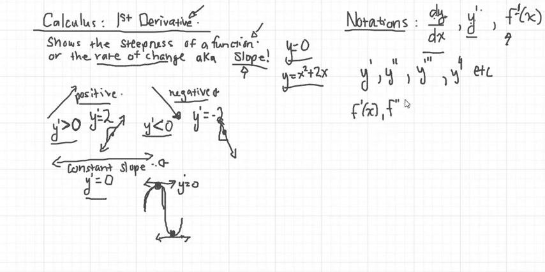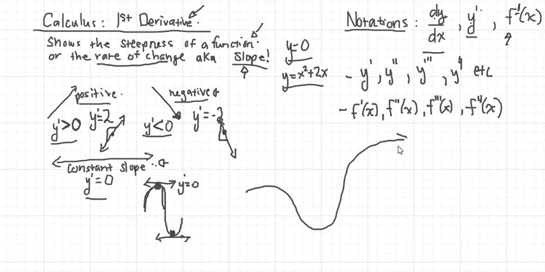Just to give you a quick example, you'd have your first derivative of y, or your second, your third, your fourth, etc. If you're doing it in terms of f of x, you would do f1 of x, f2 of x, f3 of x, f4 of x, etc. So they're just notations, just to give you a little information about that. We'll go into a lot more detail once I teach you the other derivatives.